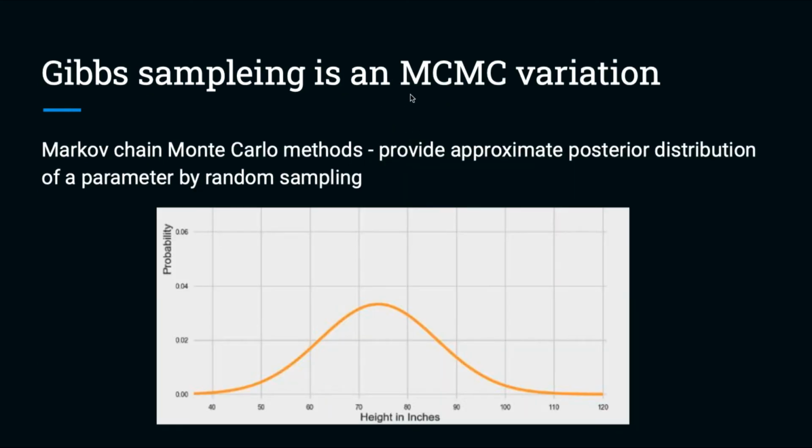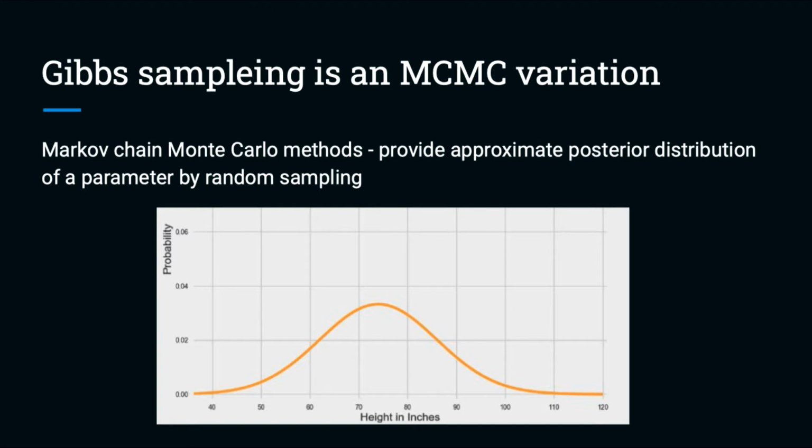Let's back up and revisit Markov chain Monte Carlo methods. Let's say we don't know any statistical parameters about the height of people in a given population. What we could do is just randomly sample them. And by the effect of randomly sampling, we'll find the distribution.